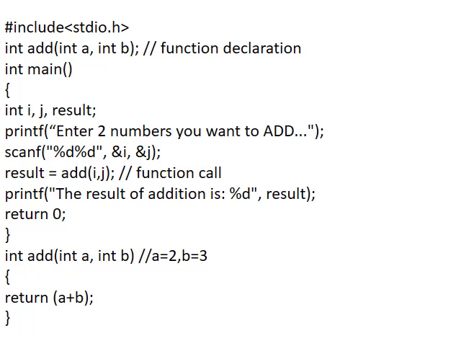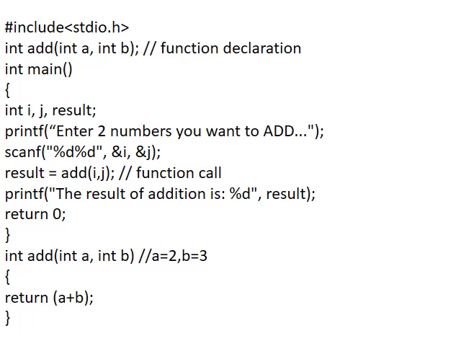Now i and j in the call are called the actual parameters or actual arguments, and whatever contents are there in these actual arguments, for example here i is 2 and j is 3, will be copied to a and b in the function. So int a and b are called the formal arguments or formal parameters.